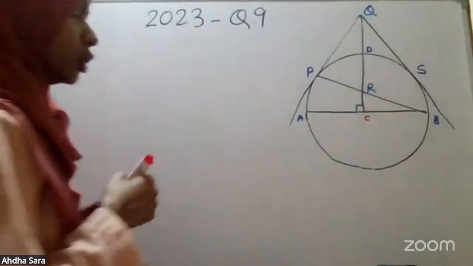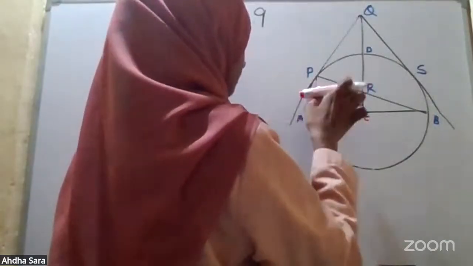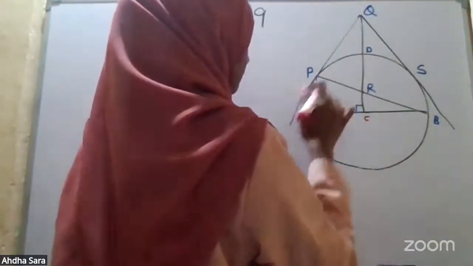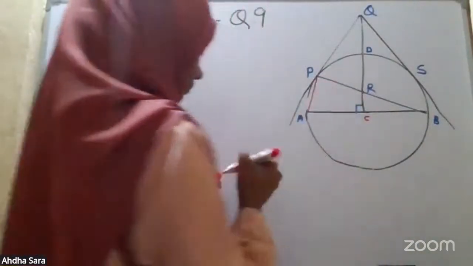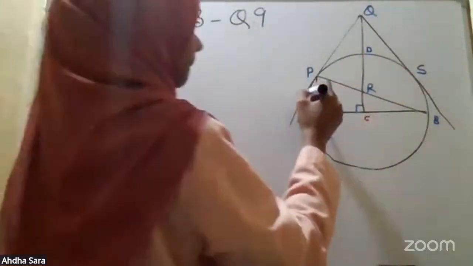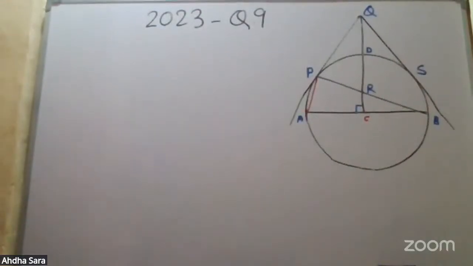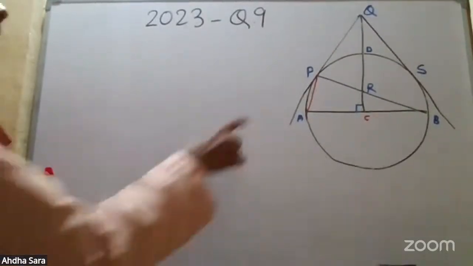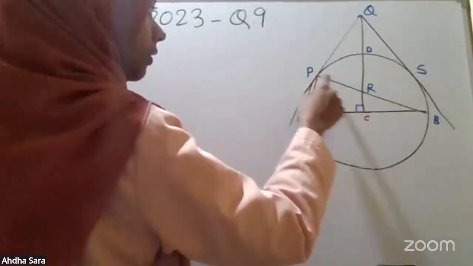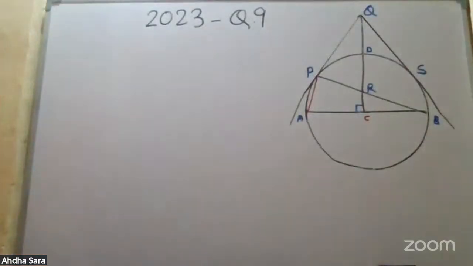Next, they are asking to join PA and show that PACR is a cyclic quadrilateral. PACR. Okay.